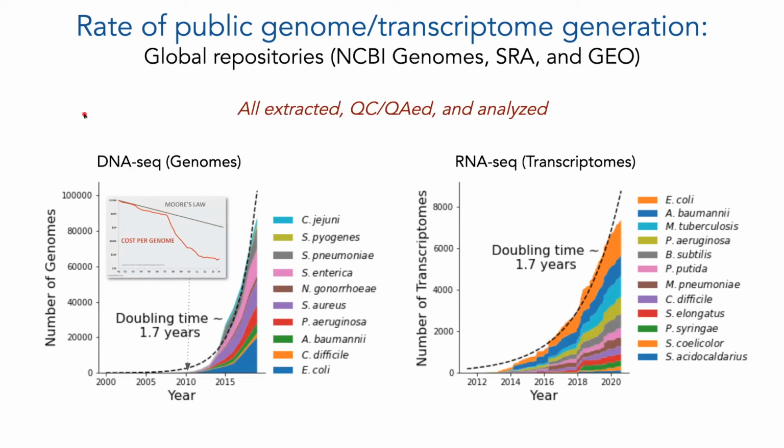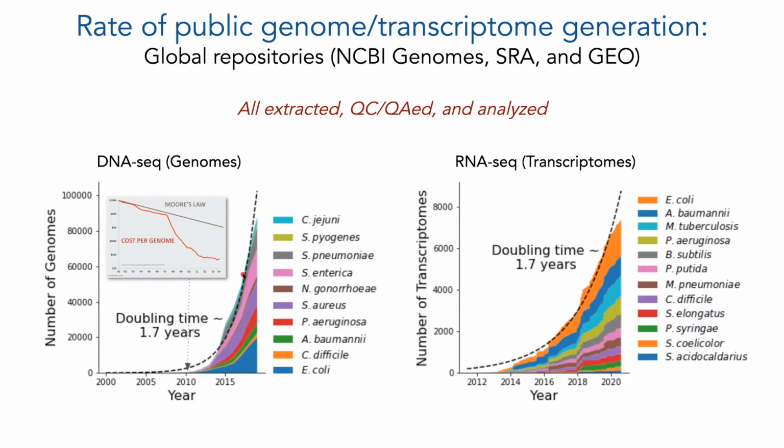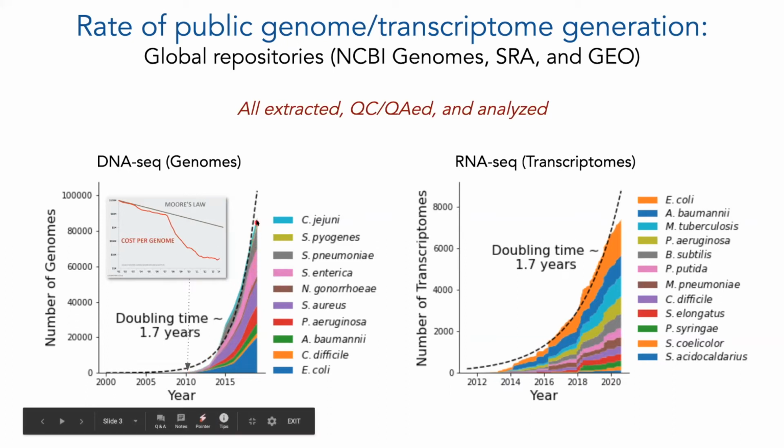So the two data types that we are going to be studying are shown here. And I find this graph to the left always kind of informative. You're all familiar with this incredible drop in sequencing costs in the late 2000s, and by 2010, you can see that here, the price had gotten so low that it spurred a lot of sequencing work, and throughout the entire decade, we've experienced exponential growth in the availability of whole genome sequences for bacteria.